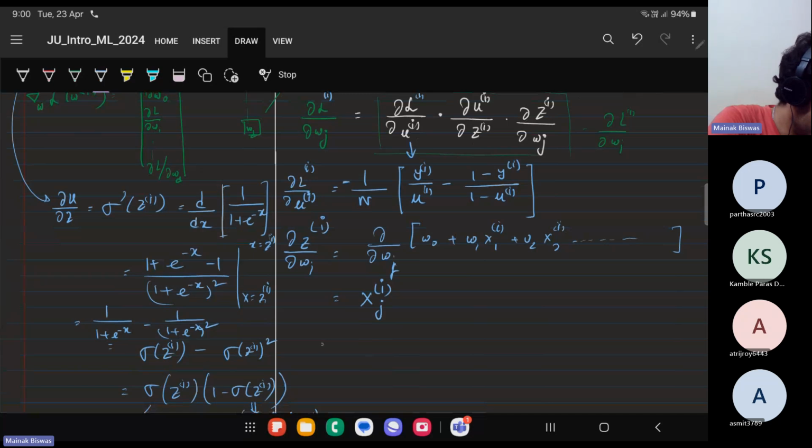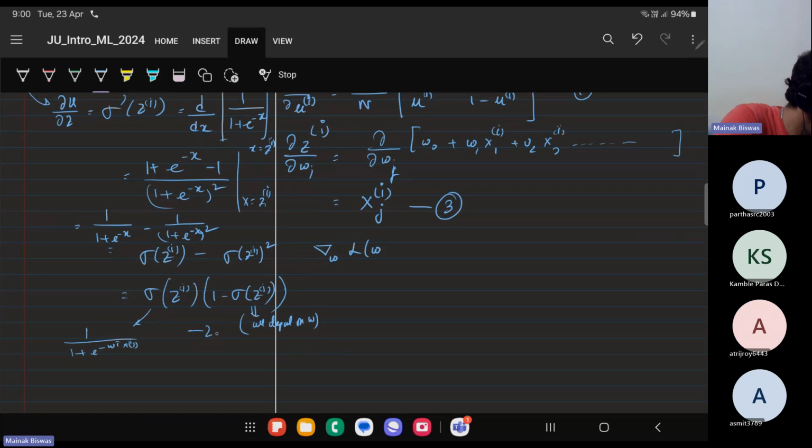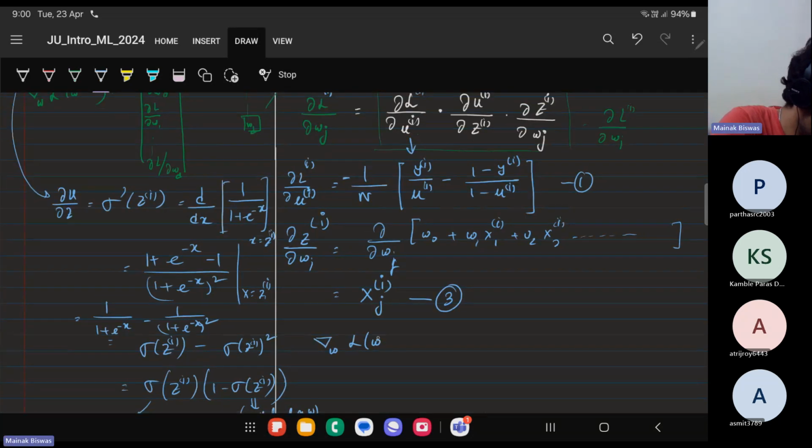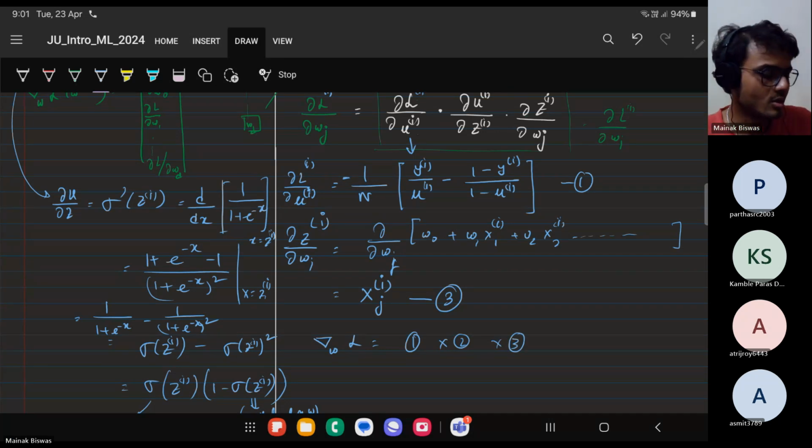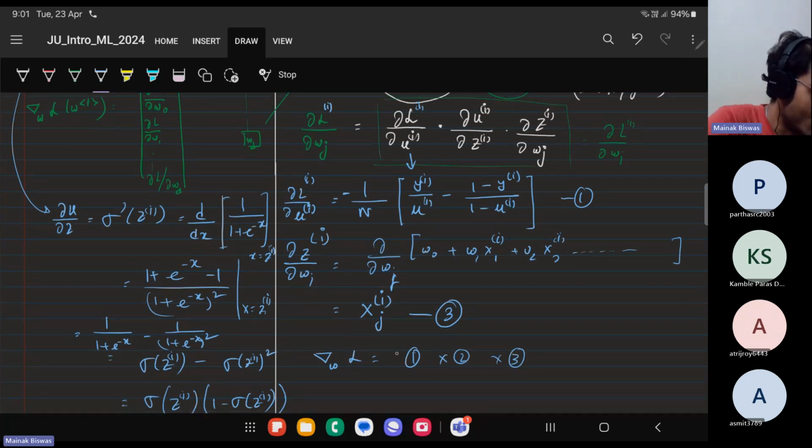So your gradient dL by dw. This is 1, or rather 3. This is 1, this is 2. Let us just put everything together: it is 1 into 2 into 3, summed over all the examples.